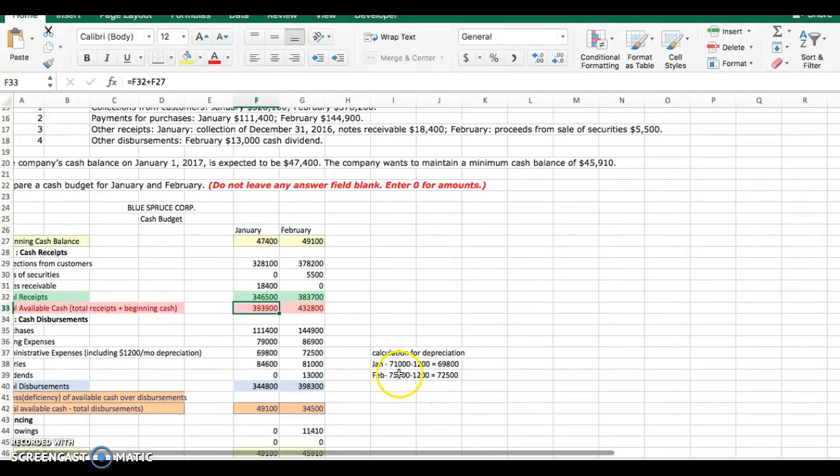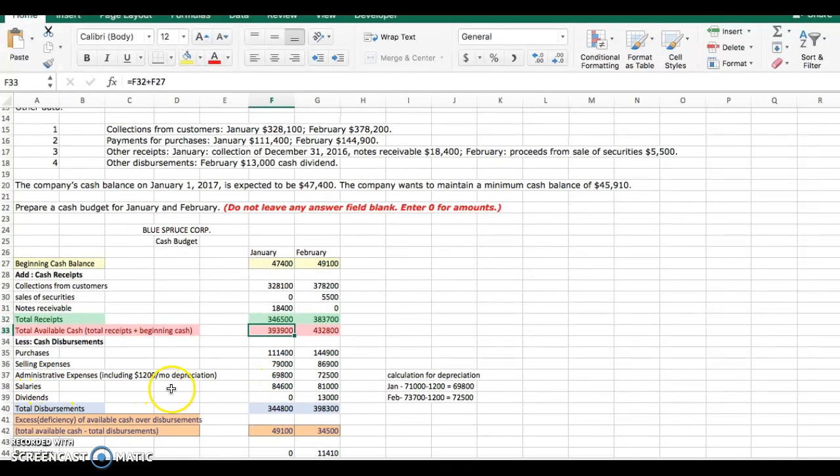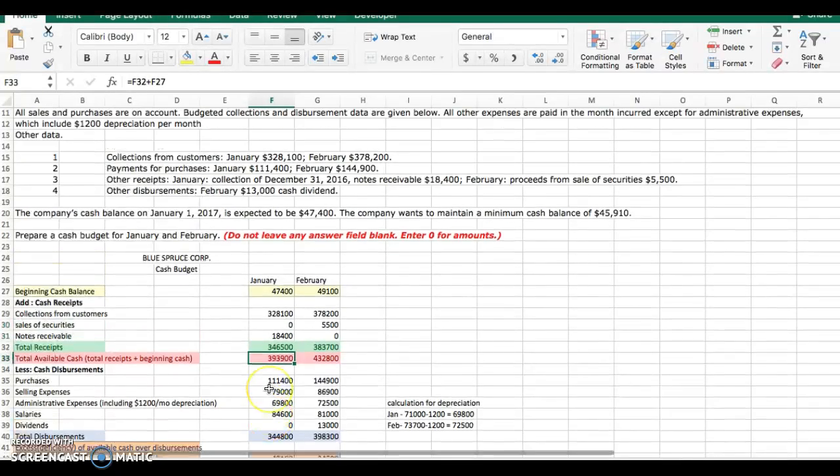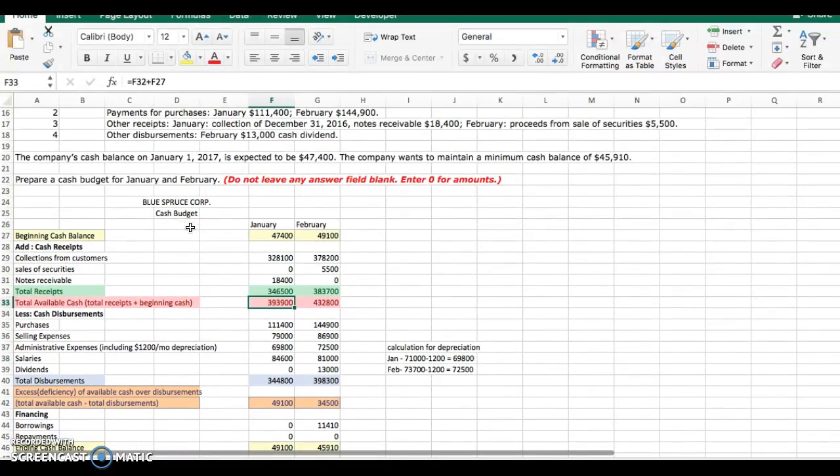So $71,000 minus $1,200 is $69,800. Then salaries were $84,600, and then we had dividends, and for the month of January there were no dividends.